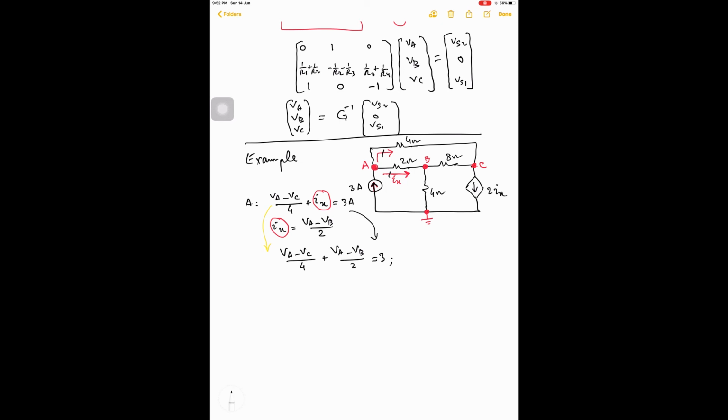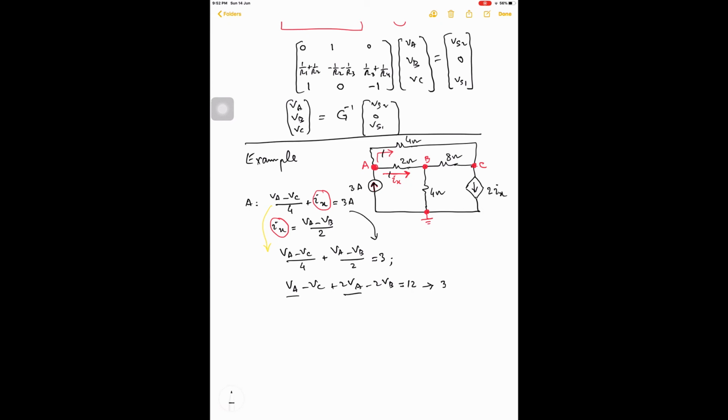Now this equation can be simplified by multiplying everything by 4. So this equation can be rewritten as VA minus VC plus 2VA minus 2VB, multiplying everything by 4, right hand side is 12. And we can write this equation again combining all VA terms.